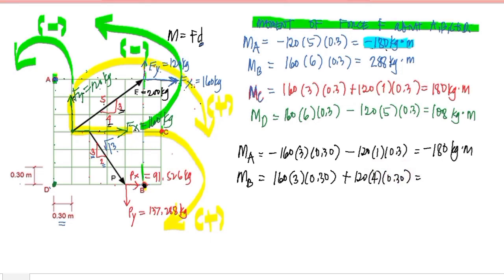And computing for this, we have here 288 kilogram meter. Now, as you can see, it is just the same as our previous answer here.